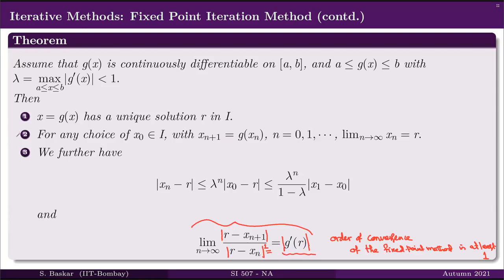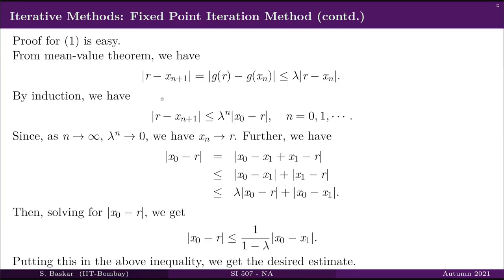Okay, let us prove the conclusions 2 and 3. The proof of this theorem is not so difficult once we have understood the proofs in the secant method and Newton-Raphson method. Let us try to prove the second property, that is the convergence of the fixed point iteration method. You start with the error in the (n+1)th iteration.